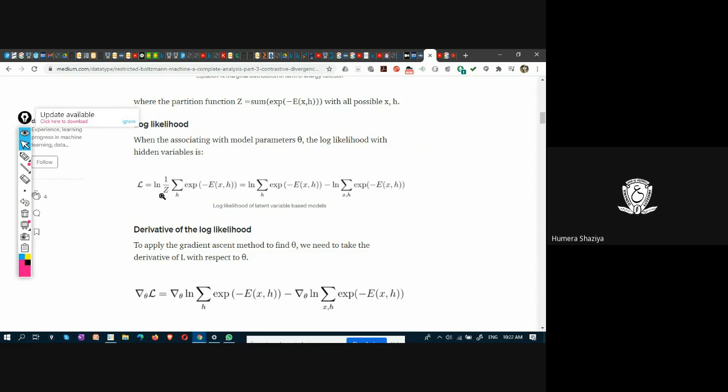This is the natural log of 1 over Z, then this energy function, which is equal to the log of the summation of exponent of E(x, h), where x and h are input and hidden node combinations, all possible combinations, minus the natural log of the summation of exponent. So this is the log likelihood of the latent variable.